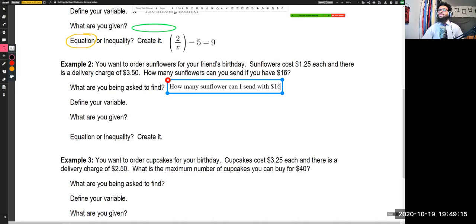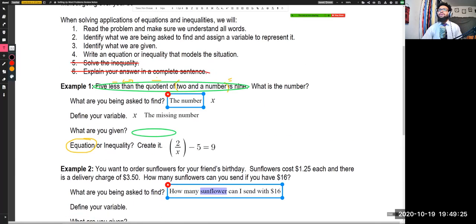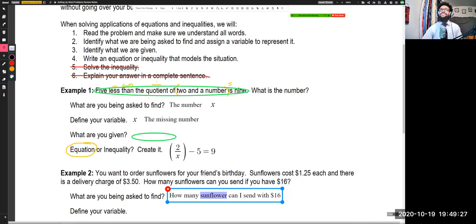So my next thing is going to be, oops, I didn't mean to do that. I'll copy that. My step 3 is going to be to identify what we're given. Oh no, next is going to be, we've identified what we've been asked for, which is how many sunflowers. And now we have to assign a variable to it.